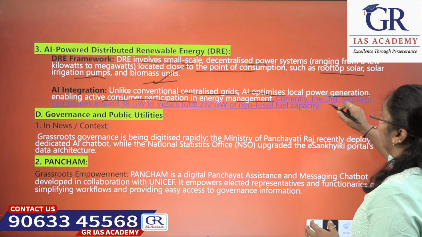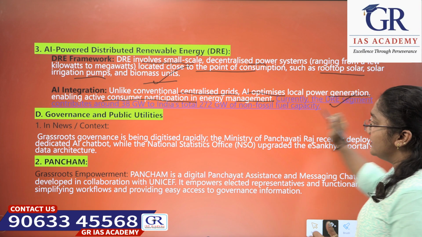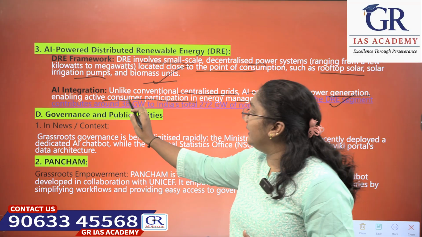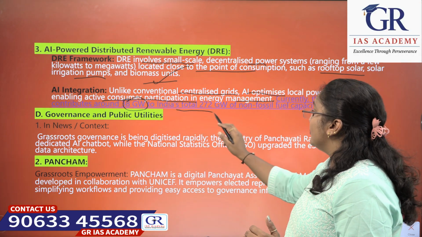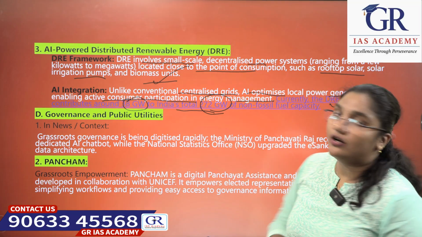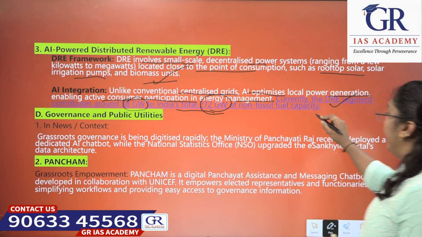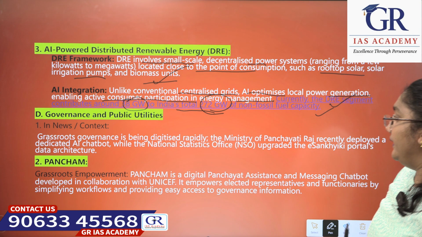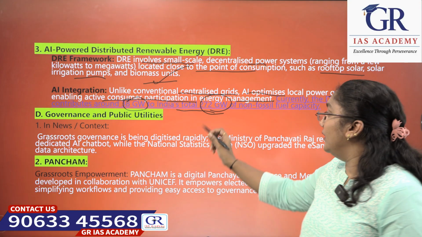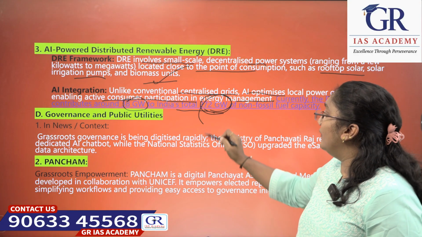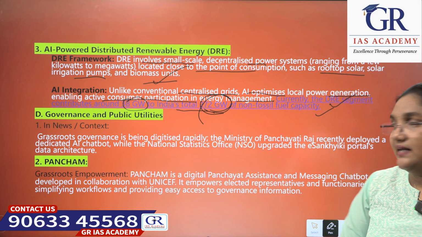Currently, the distributed renewable energy segment contributes around 38 gigawatts to India's total 272 gigawatts of non-fossil fuel capacity.